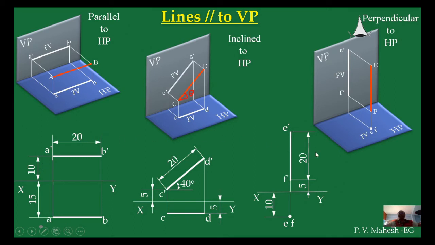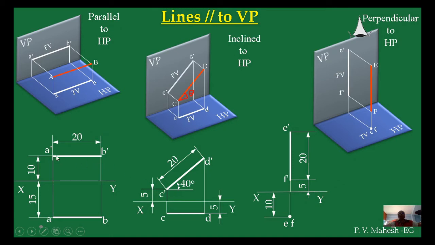So the important points that we have to remember here: when the lines are parallel to VP, the true length of the line is visible in front view. So we have to start drawing the projection of lines with front view. So the second one is, when the line is parallel to VP, in front view you will see the true inclination of the line with HP.